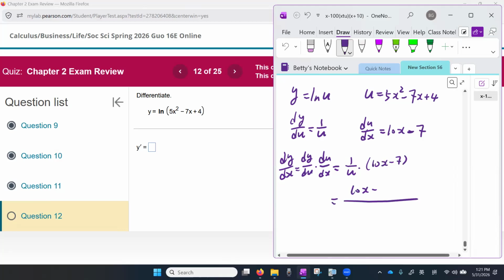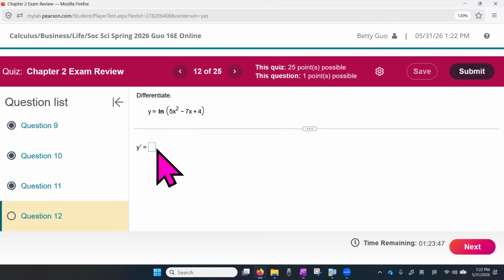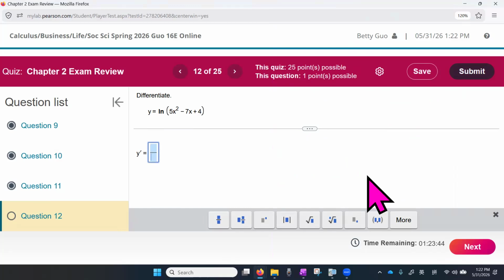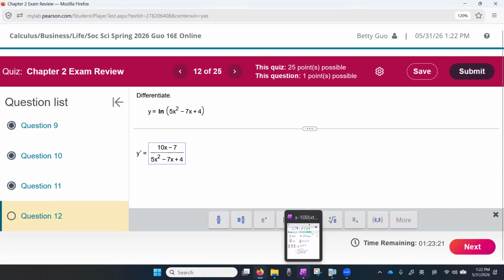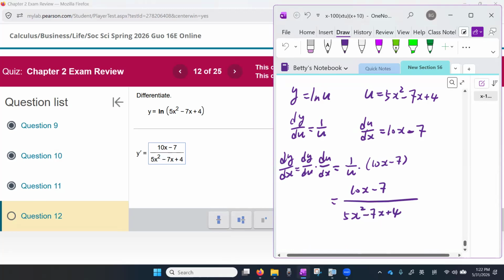So we have 10x minus 7 in the numerator and 5x squared minus 7x plus 4 in the denominator. That's the answer. Double check. Next.